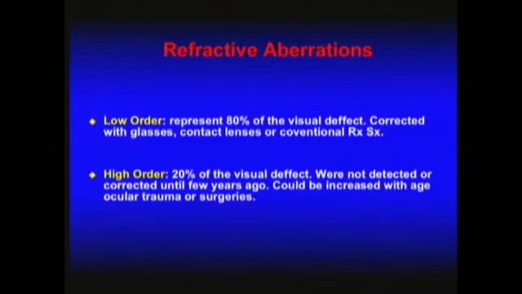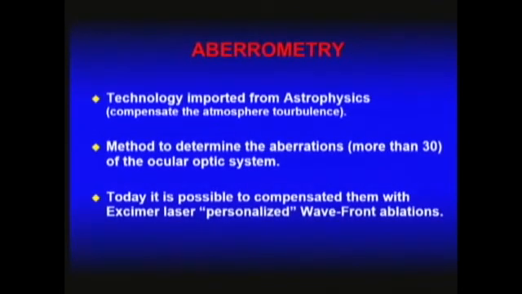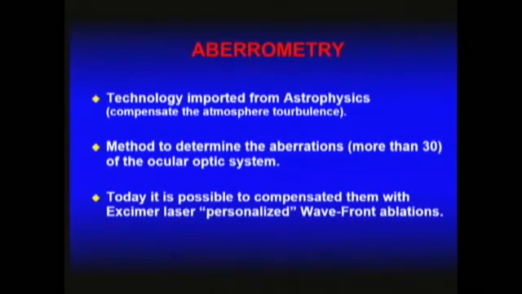The high-order aberrations represent about 20% of the visual defect, and so far were not detected or corrected until a few years ago. Those high-order aberrations could be increased with the age, ocular trauma, or surgeries. Which is aberrometry?